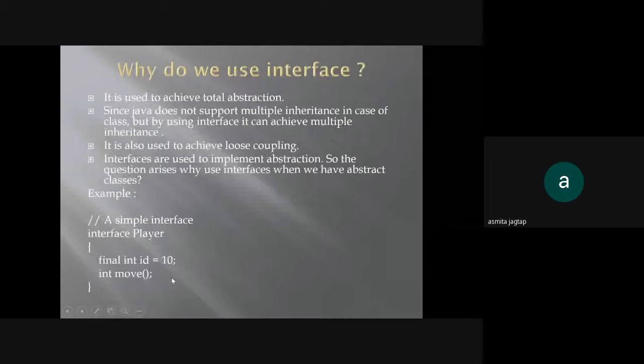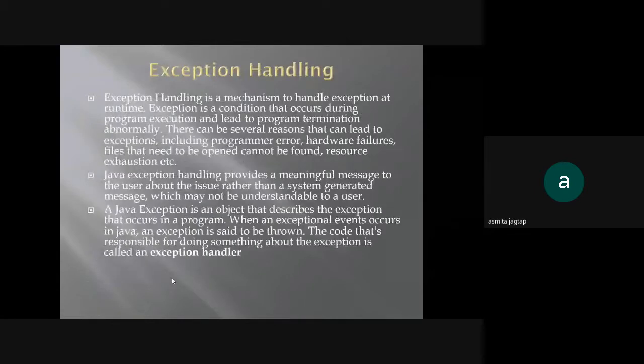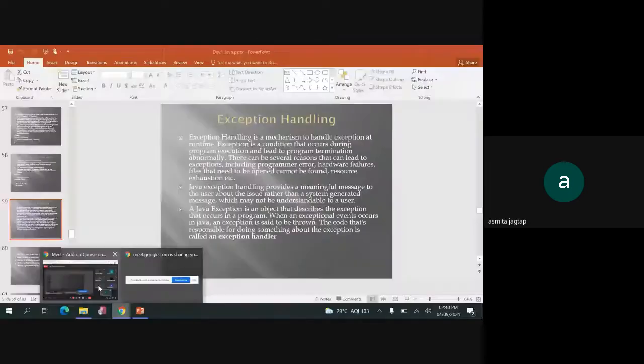Exception handling. Now the next important topic is exception handling. Why does exception handling come into the picture? Why do we need exception handling? To handle exceptions, and what happens if we do not handle them?